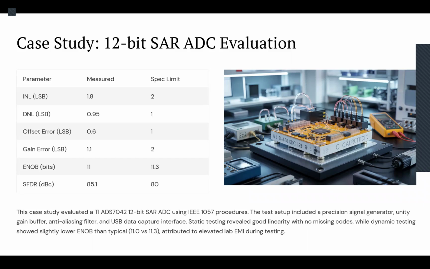We said the limit should be between minus 1 and plus 1 LSB, so 0.95 is within that, meaning we don't miss any codes. We measured the offset error, which was 0.6 LSB, and the gain error was 1.1 LSB.